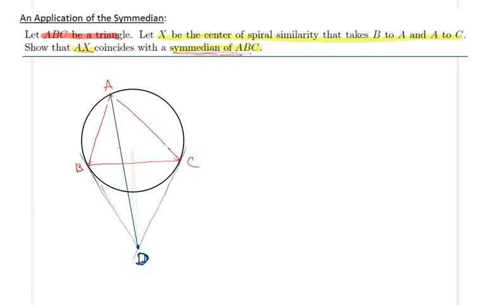The Symmedian line is a special line: it is the reflection of the median across the angle bisector. That's my AD. The natural candidate comes by drawing the circumcircle of triangle BCD, so let me draw that circumcircle here.